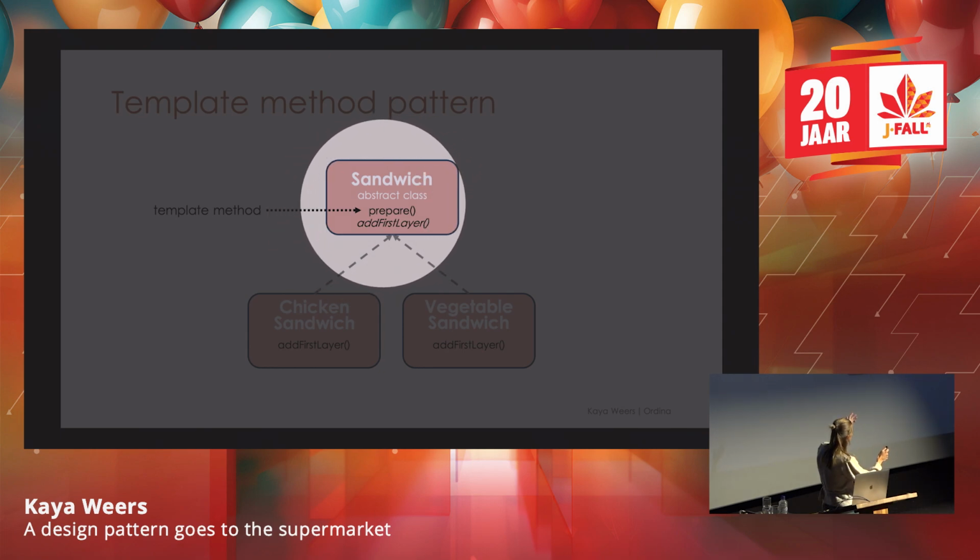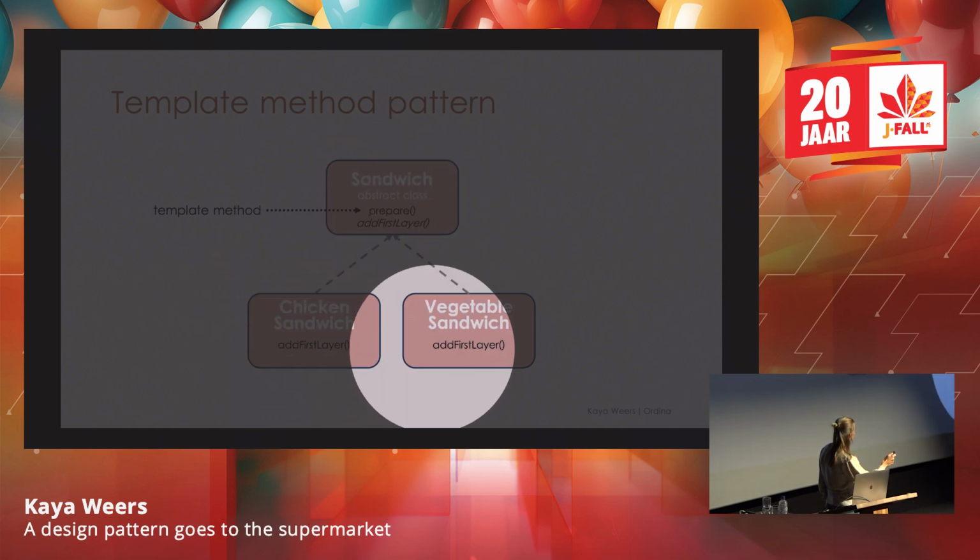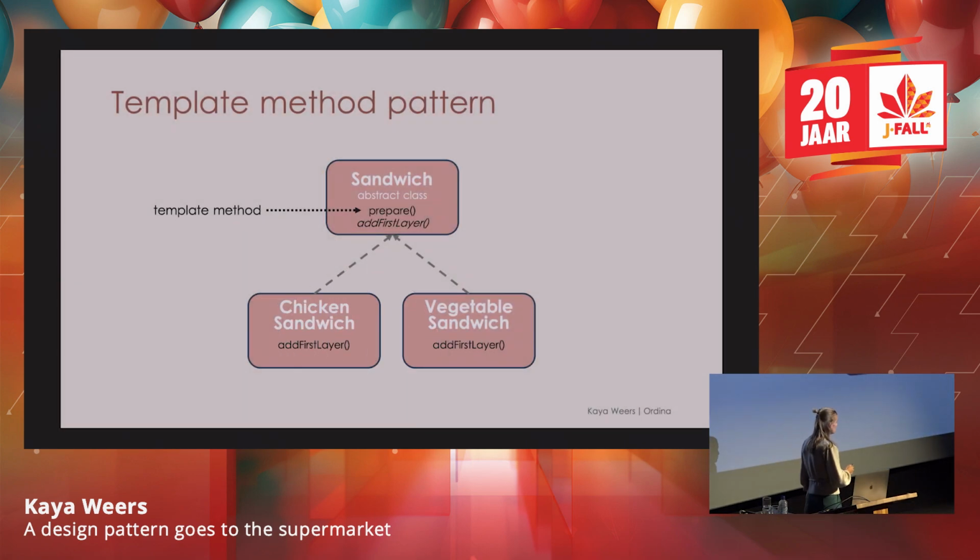So then in this case, it's an abstract method at first layer, and it needs to be implemented by the subclasses. Because every sandwich needs a first layer, so you have to implement it if you're creating a new subclass. And in there you can make your difference. So the chicken sandwich, the first layer is chicken, and for the vegetable sandwich, it's hummus.